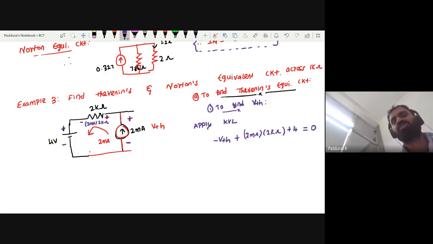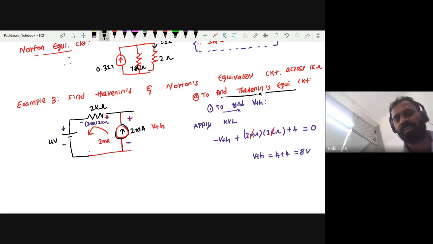Is there any other voltage? No, equals 0. I'm looking for VTH on the right hand side. What is 2 milliamps into 2 kilo ohm? Milli and kilo get cancelled, so you will get 4 plus 4, 8 volts.